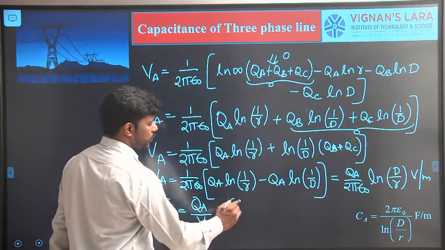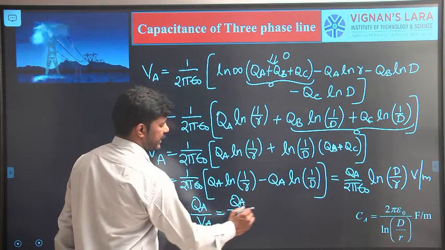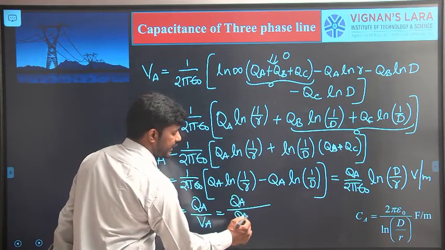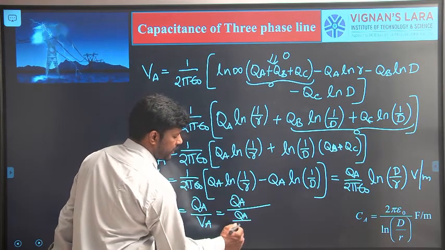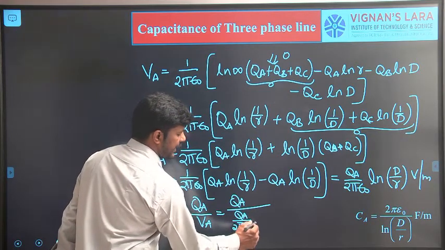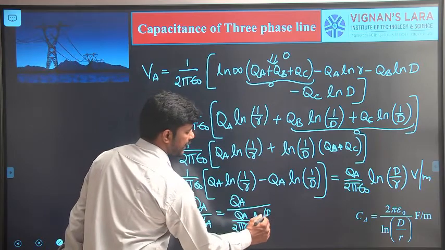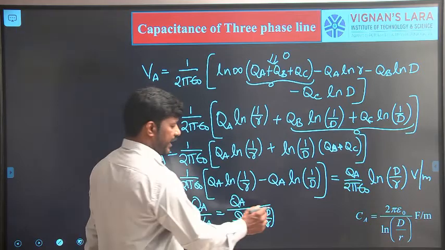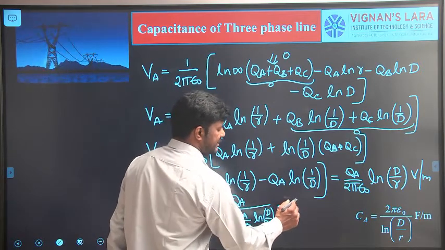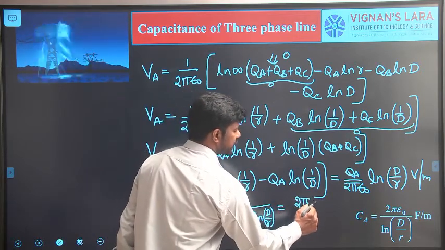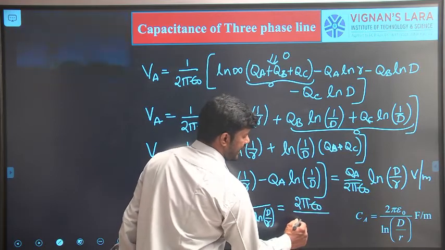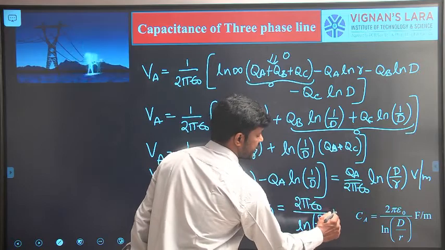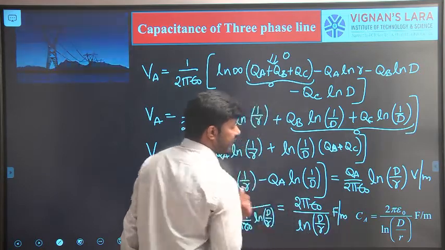QA is a known quantity divided by VA, the calculated quantity, which is QA by 2 pi epsilon naught ln of d by r. QA gets cancelled, and finally you will get the capacitance as 2 pi epsilon naught divided by ln of d by r, whose unit is farads, calculated for 1 meter length.